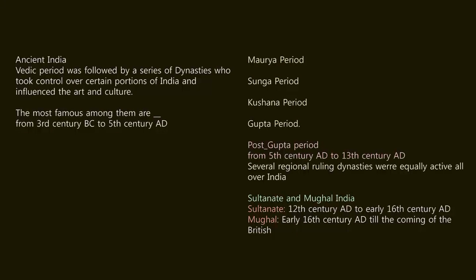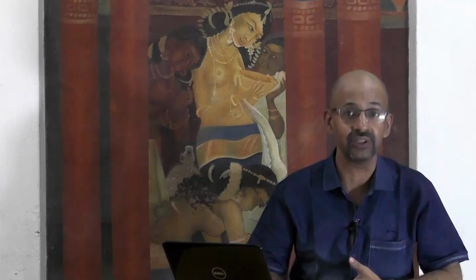Sultanate period was followed by the Mughal period, which started around 16th century, and it was pretty active and very powerful till the advent of the British. And from the British period, it is a different history altogether, which we shall study when we look at the modern art in the later module.